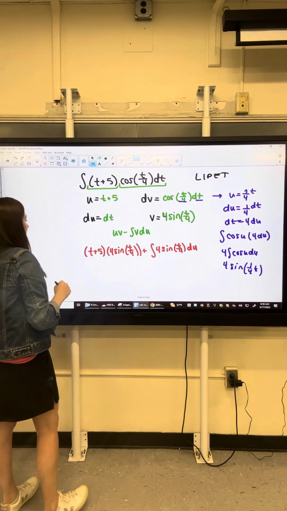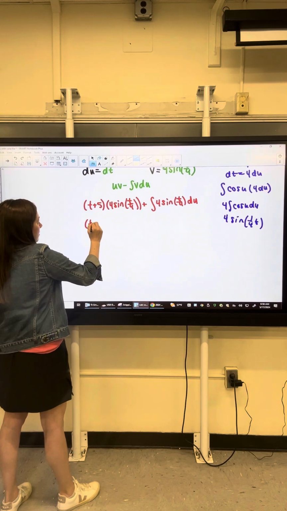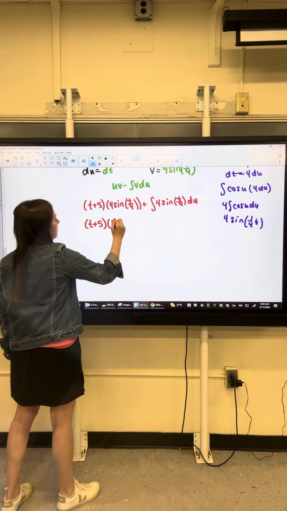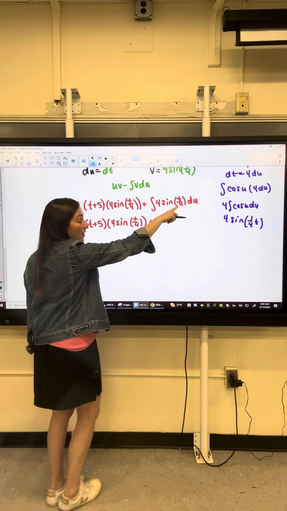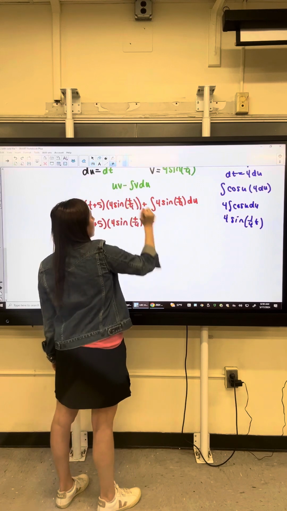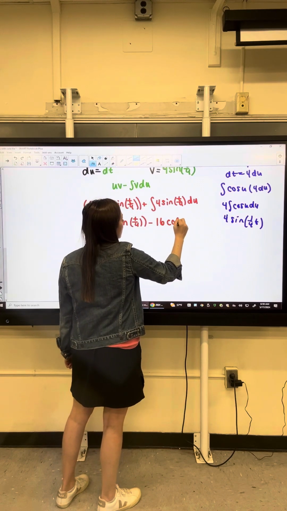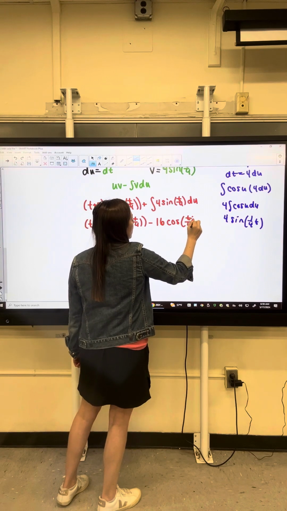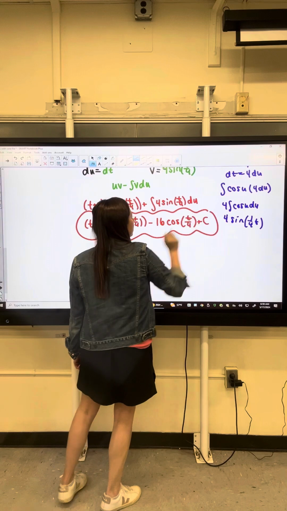So now this just stays. And when I integrate this, now the integral of sine is negative cosine, so this is going to become negative 16 cosine t over 4 plus C. There we go.